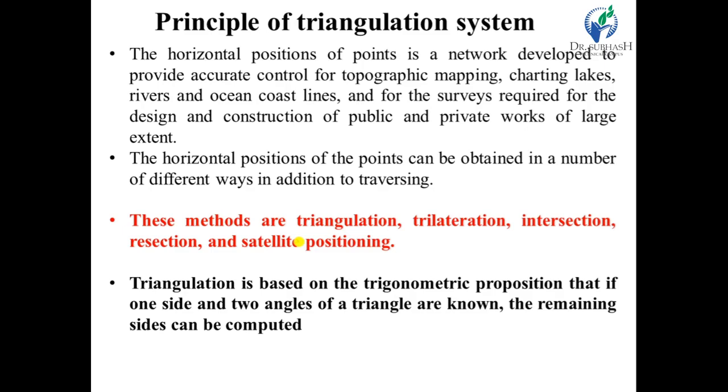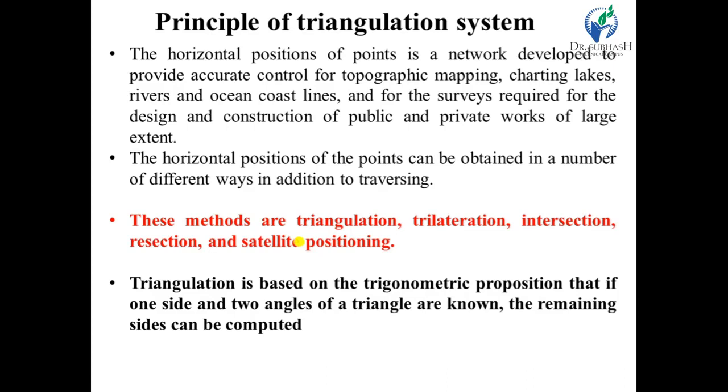Generally, the horizontal position of points is known as a network developed to provide accurate control for topographic mapping, charting of lakes, rivers, ocean, and coastline, and for surveys required for the design and construction of public and private works of large extent. The horizontal position of points can be obtained in a number of different ways in addition to traversing.